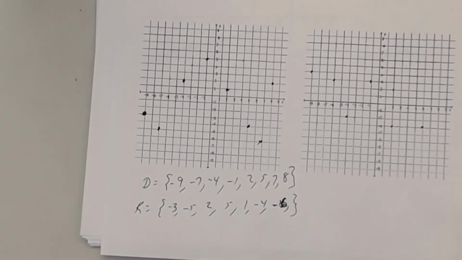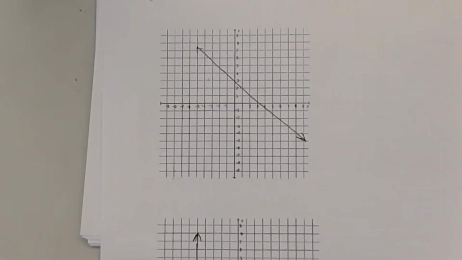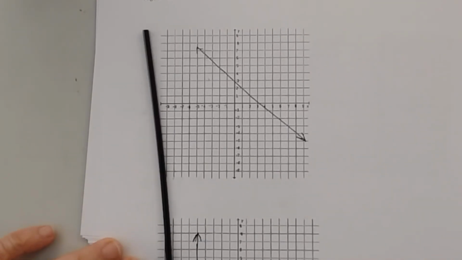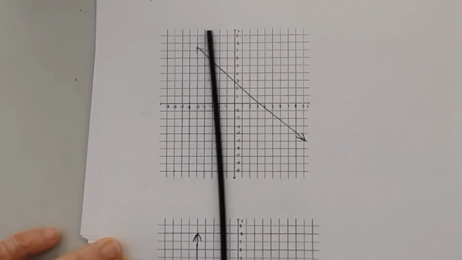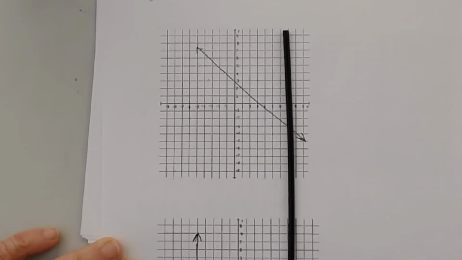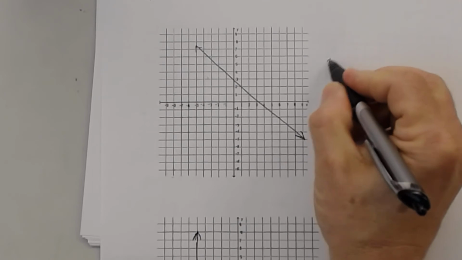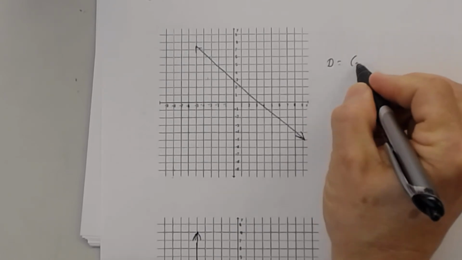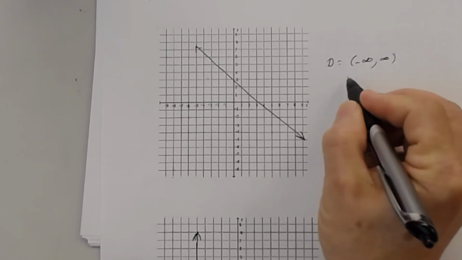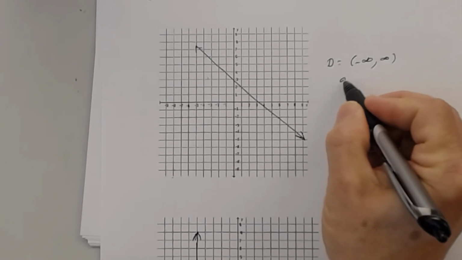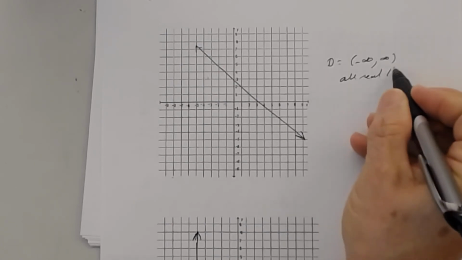All right. Now let's look at the lines. Let's do domain, the set of x coordinates. Tell me what you think the domain is. Negative infinity to infinity. In MyMathLab, you'll say all real numbers.